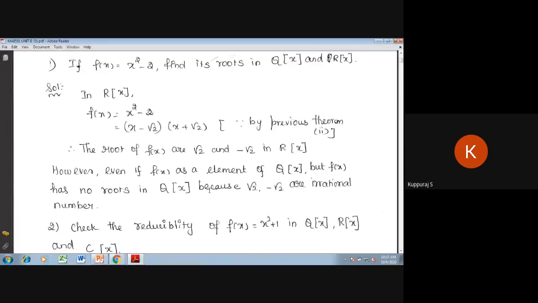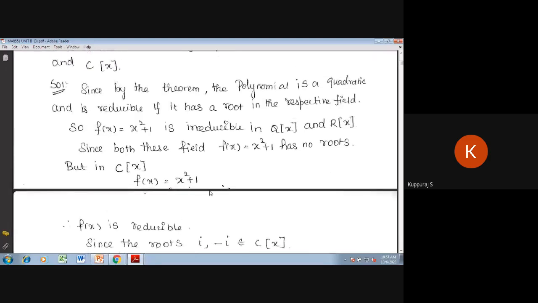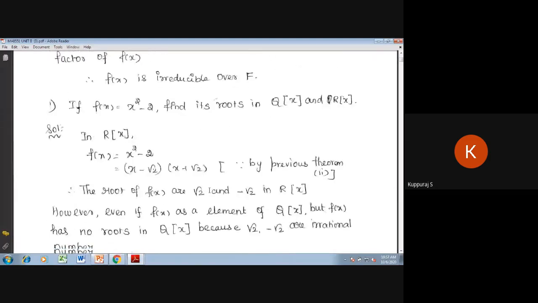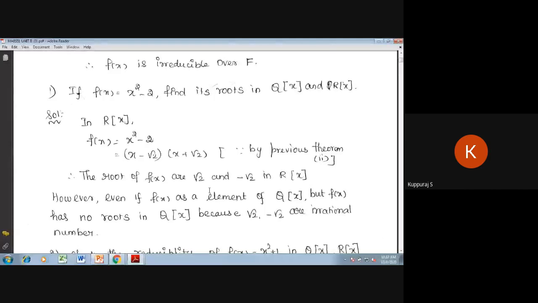Therefore, the given polynomial f of x, that is x square minus 2, has roots in R of x but not in Q of x, which means the given polynomial is reducible over R of x, but not reducible over Q of x. So the polynomial is irreducible over Q of x but reducible over R of x. Are you clear now?